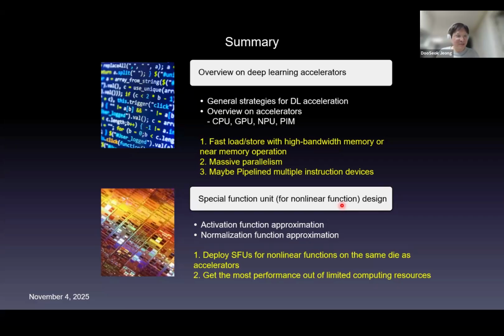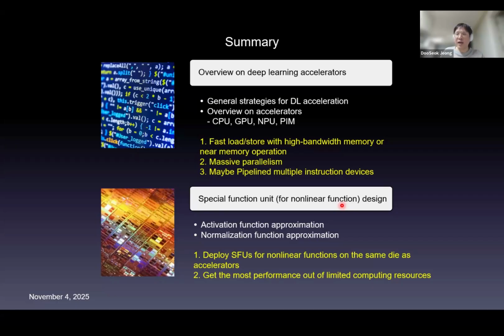And let me briefly summarize my talk. In the first part of my talk, I gave a very brief overview of deep learning accelerators, like CPU, GPU, NPU and PIM. The key point is fast load store with high bandwidth memory or near memory operation, and you need massive parallelism to accelerate these deep learning operations, or maybe pipeline multiple instruction devices.